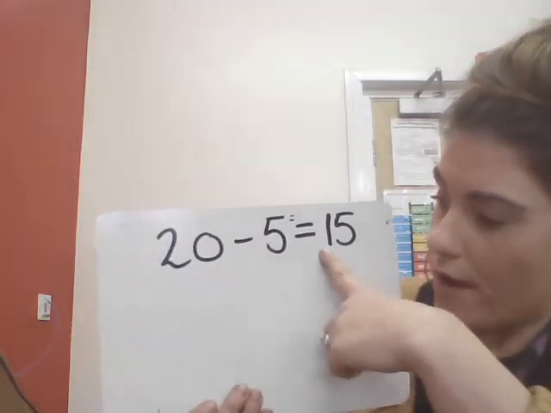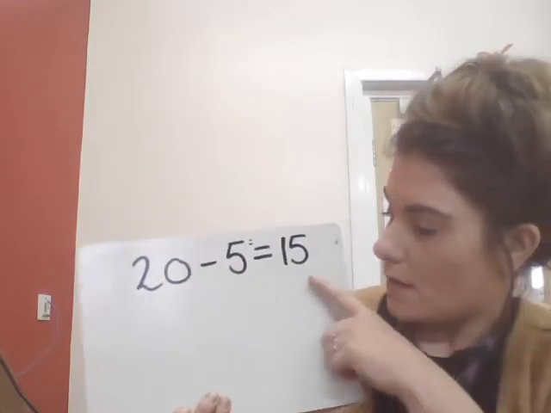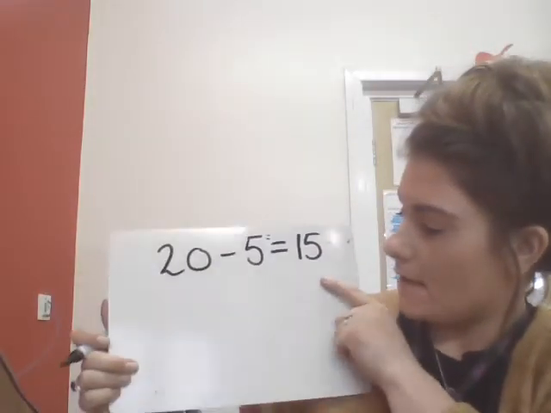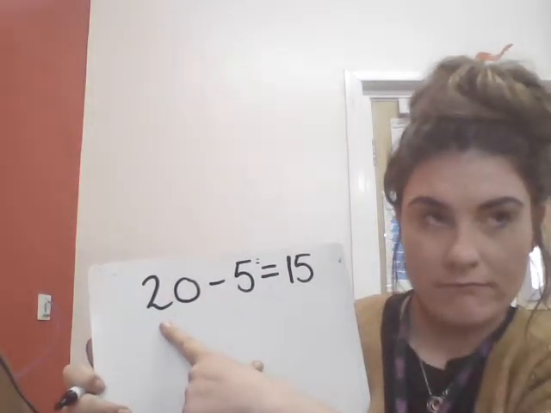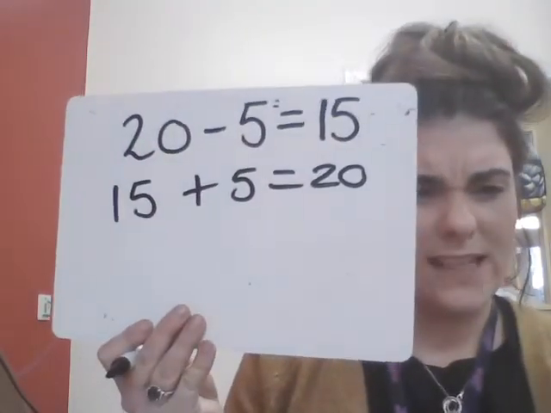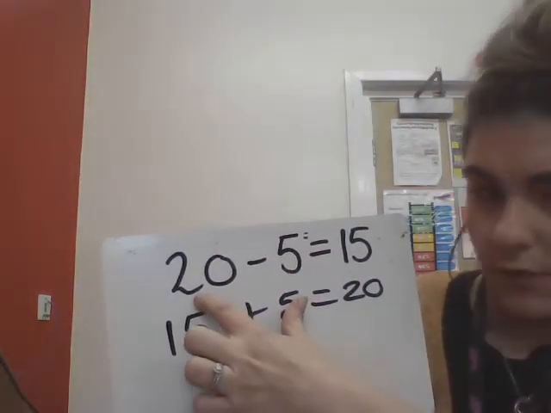So I'm going to work backwards to check if my number sentence is correct. So 15 add 5 is 20. So just check. 15 and 5 equals 20. So does 15 and 5 make 20? 15 add 5 equals 20.